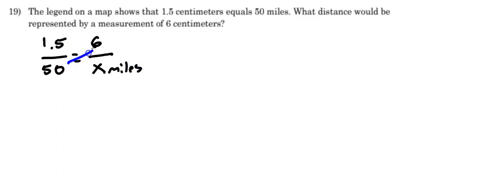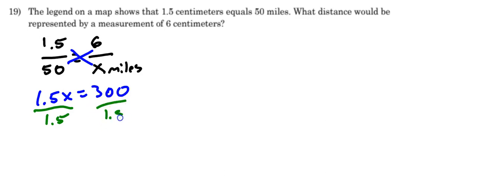And again, we're just going to cross multiply, and we're going to say 1.5x is equal to 300. Divide both sides by 1.5 because we need that x alone. And we end up with x equals 200 miles.